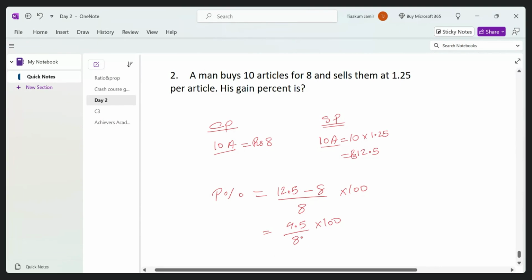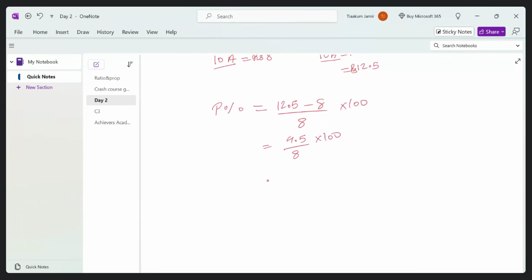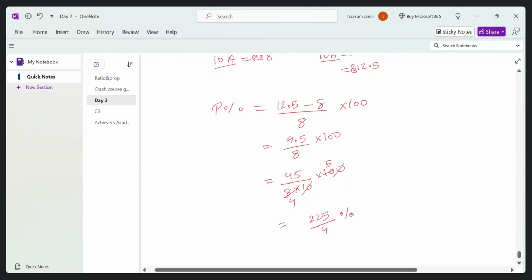If you want to remove the decimal point, there is one digit after the point, so multiply by 10. Then 2 times 4, 2 times 5, this will give us how much? 225 by 4 percent, or you can divide it.